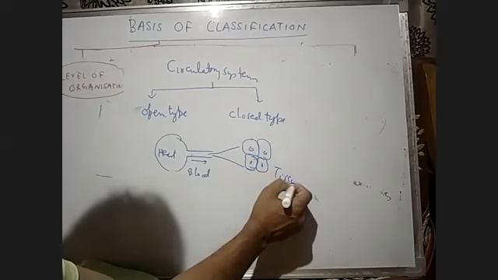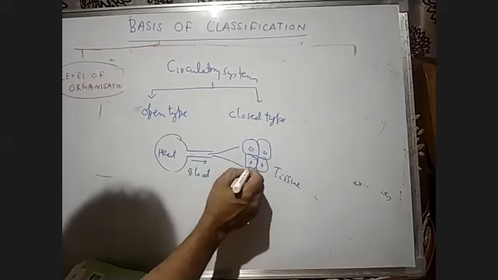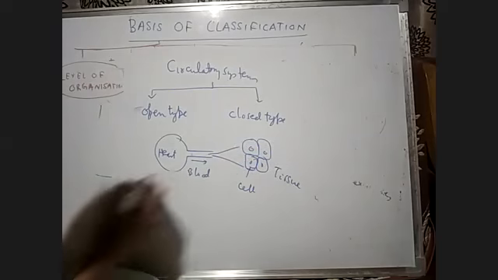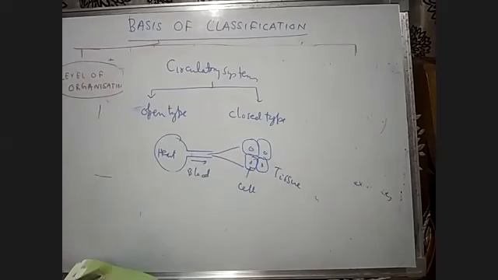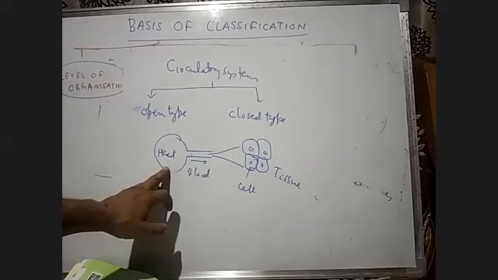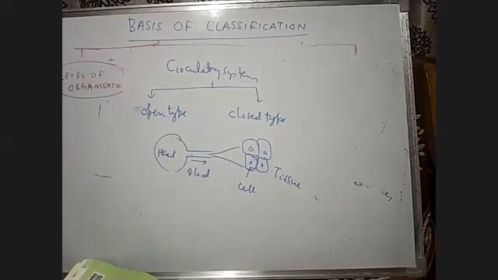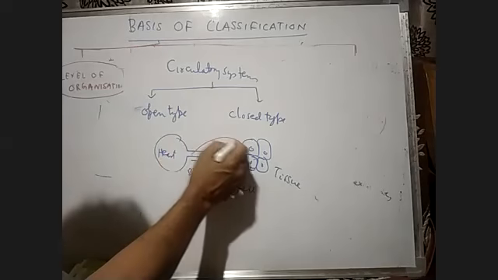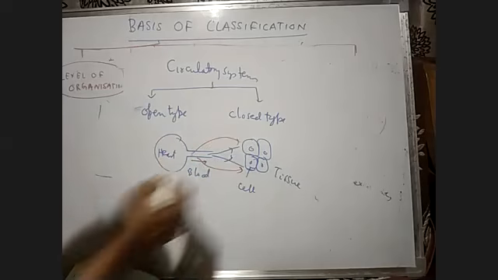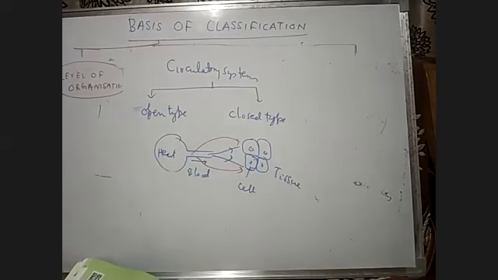This whole combination is called the tissue, and a single one is called the cell. So in the open circulatory system, the blood from the heart will flow directly over the tissues or over the cells. This is called the open type of circulatory system.